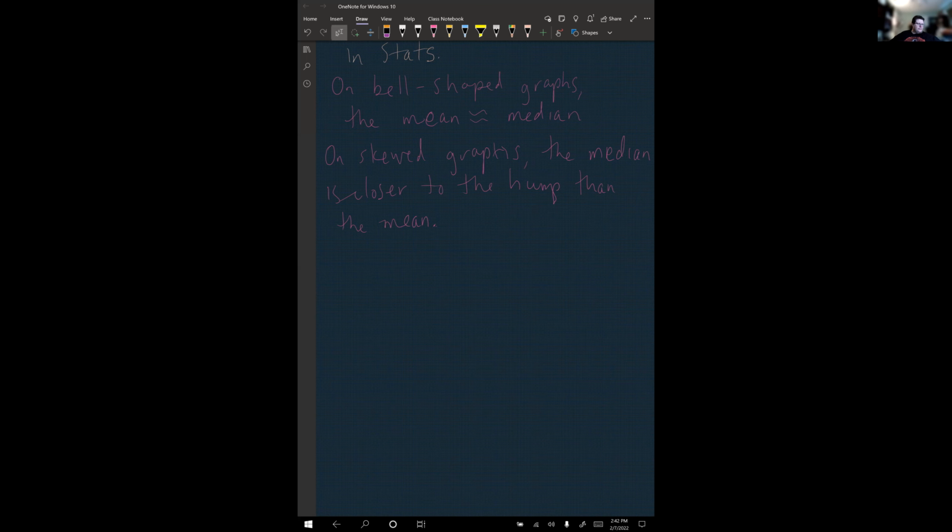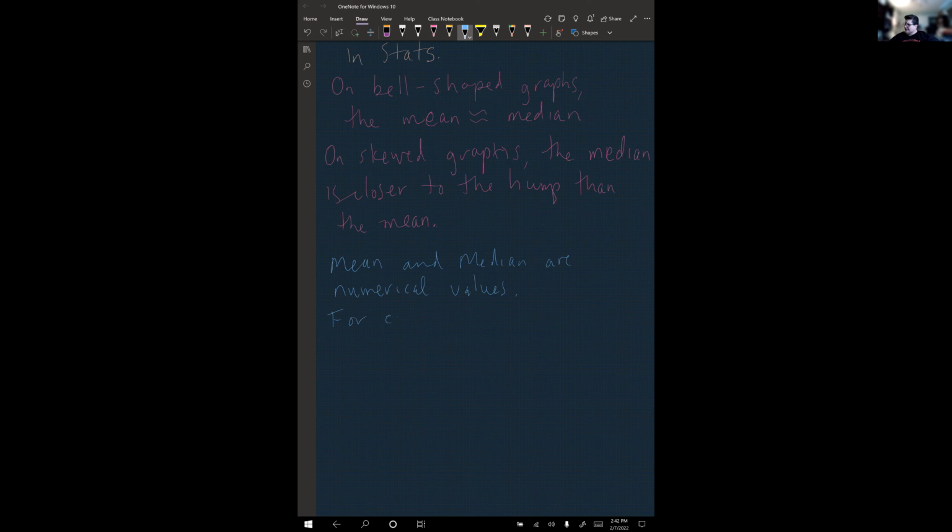We will do all this in StatCrunch in a second. But there is one more thing that we use as a center. Both the mean and median are numerical values. They're related to numbers. What about for categorical data like hair color?